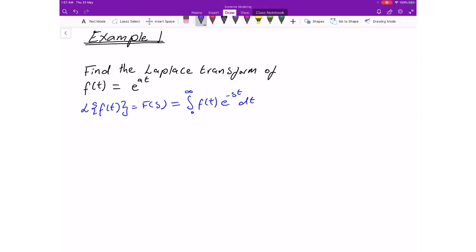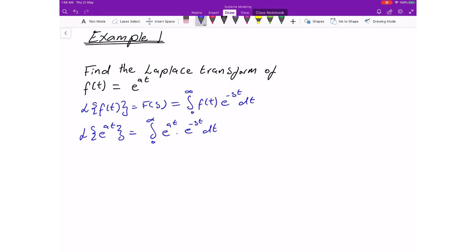We take our Laplace operator operating on our function, which is, again, we integrate between 0 to infinity. Then we insert our function, which is e to the at multiplied by e to the minus st dt.